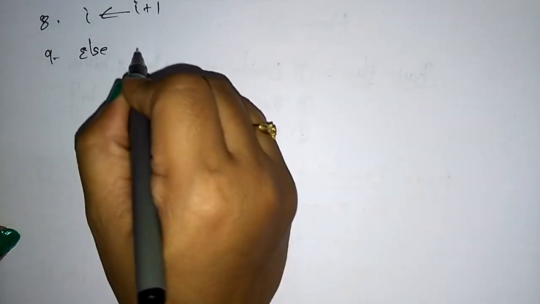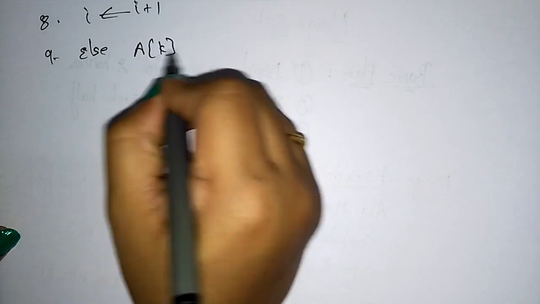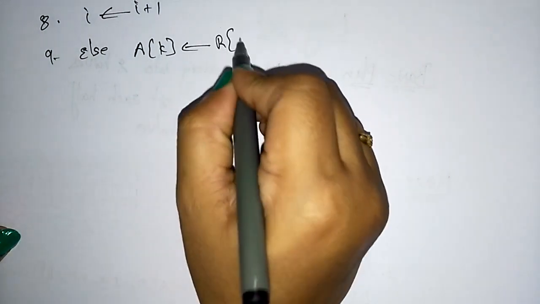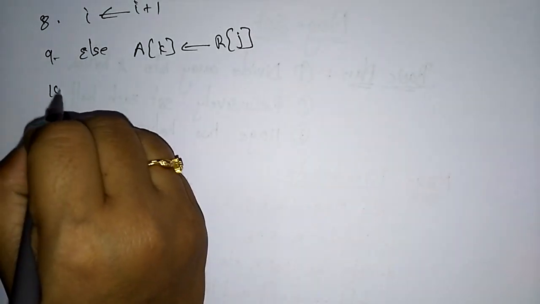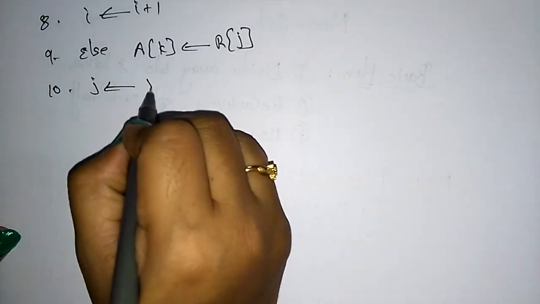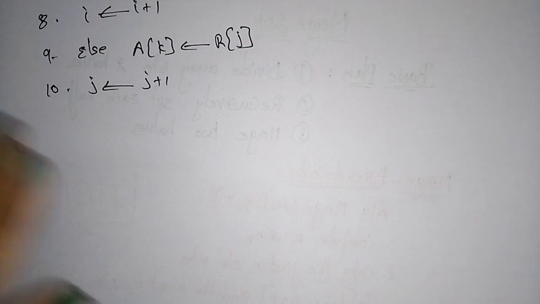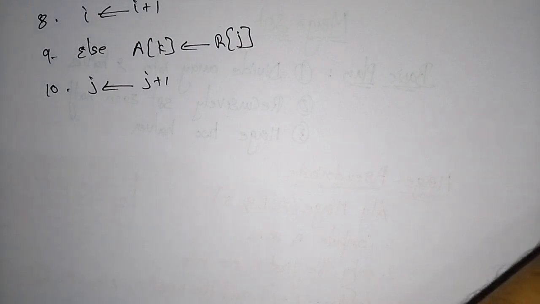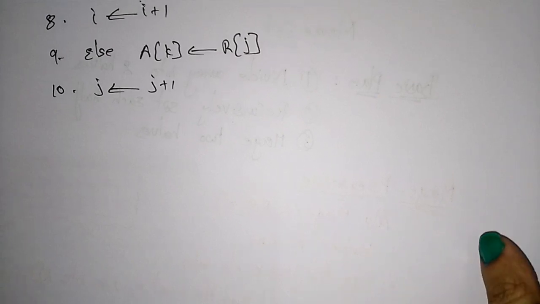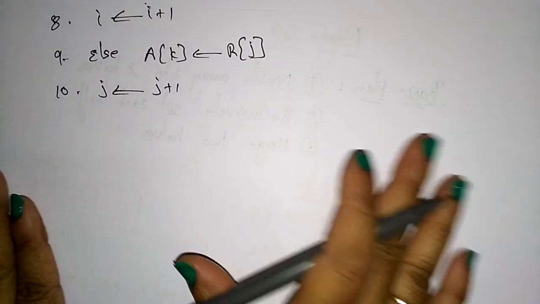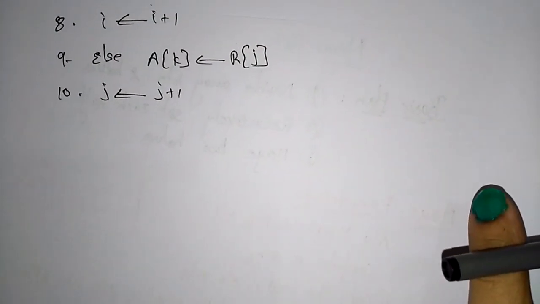Else A of K becomes R of J, and J is incremented. This means we are just sorting each half, the left half and the right half. So this is the algorithm of merge sort.